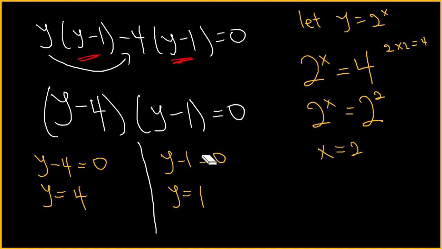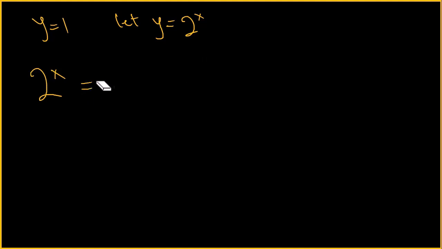Let's move on in resolving for this y. So when y is equal to 1, what is it saying? From our onset, we said we should let y be equal to 2 to the power x. Now we have 2 to the power x equals 1.